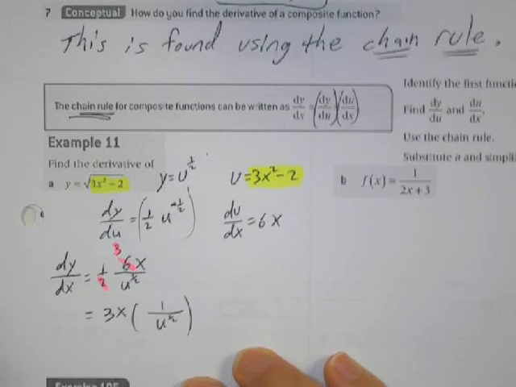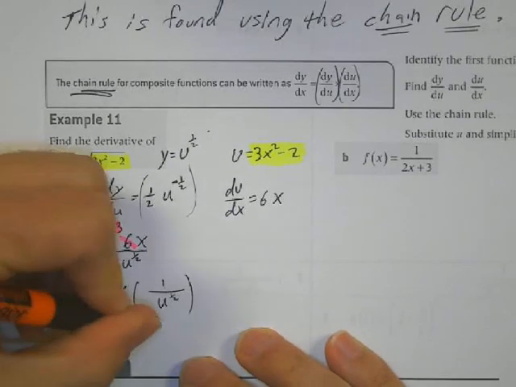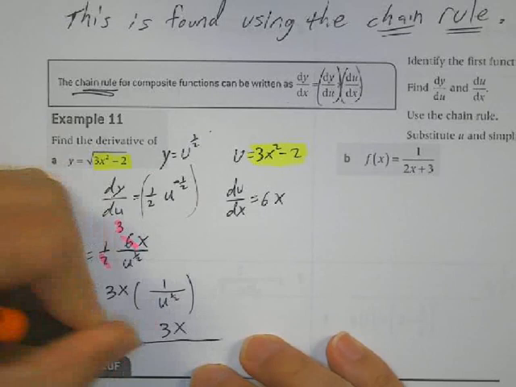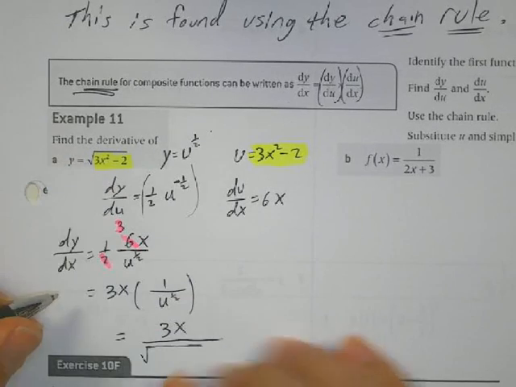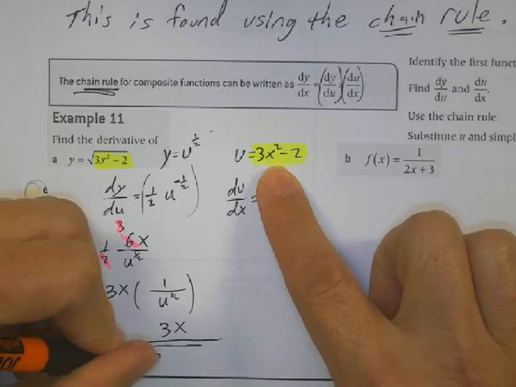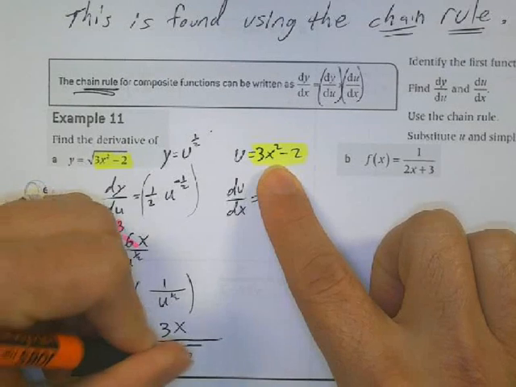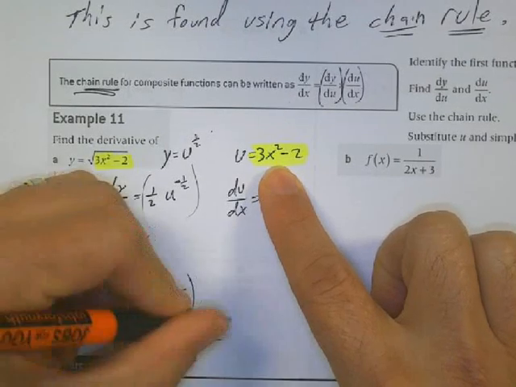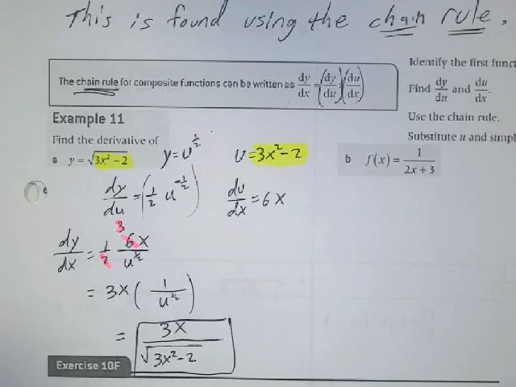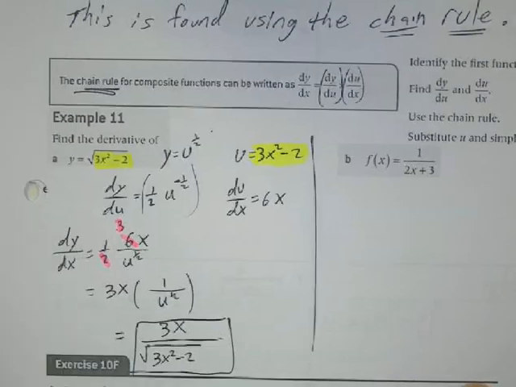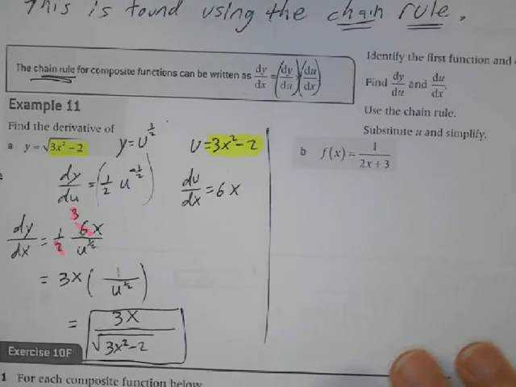And so I can write this as 3x over the square root, and u is 3x squared minus 2. Okay, you might want to hit pause to think about this some more.